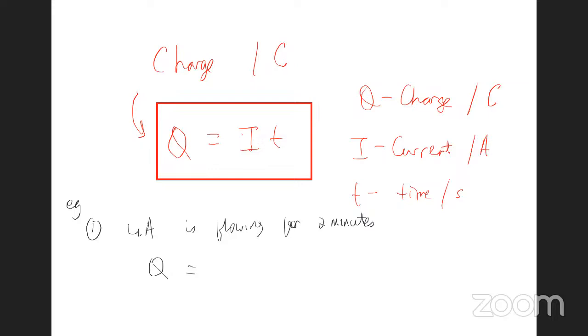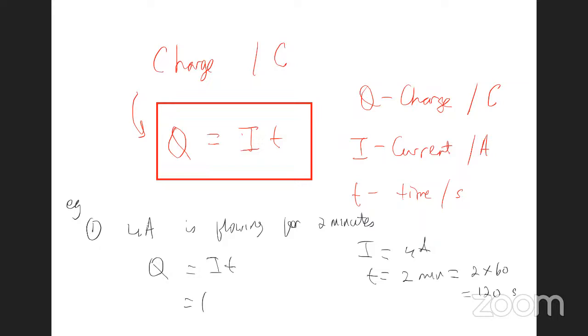Q is equal to IT. I is 4 amperes and time is 2 minutes. Can we work in minutes? No, we have to work in seconds. So that'll be 2 by 60, which is 120 seconds.